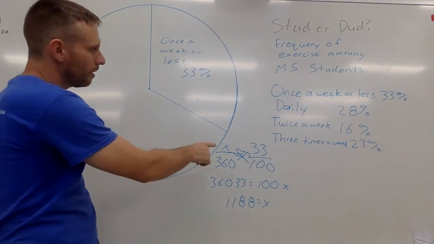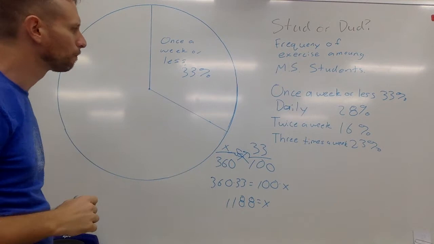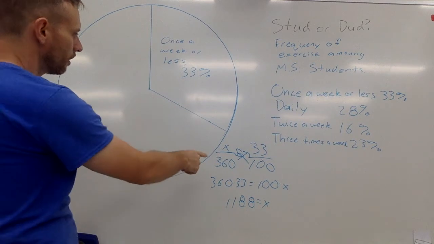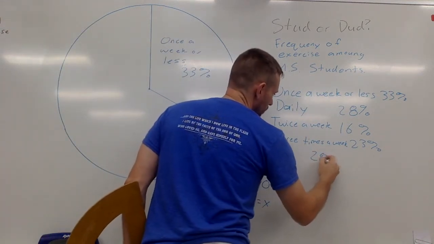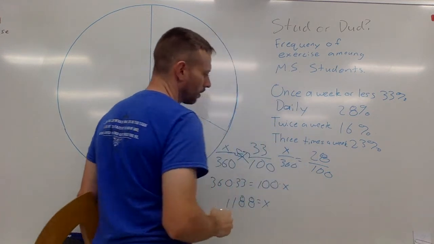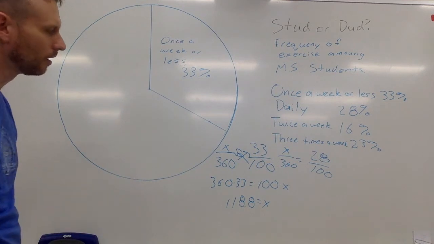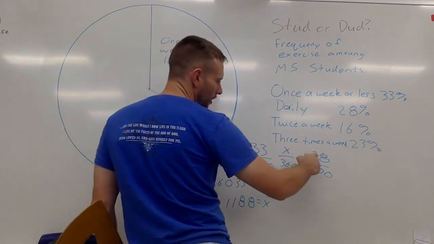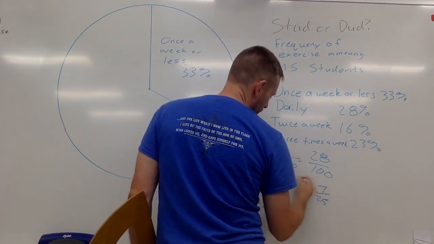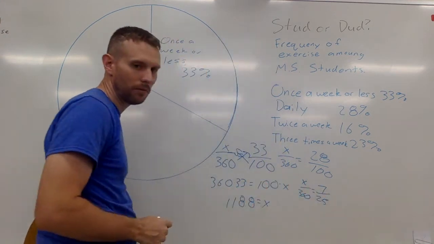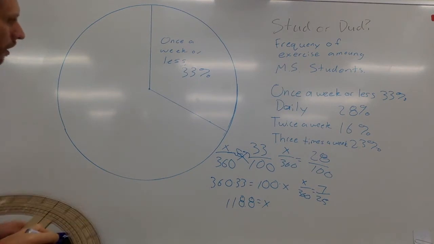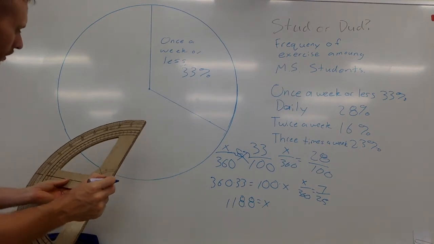Now, using the same system, daily is 28%, and I would find out what 28% is using the same method. If I wanted to make the numbers smaller, I could divide the top and the bottom by 4 and get 7 over 25 is equal to 360 over x, and that could save me a little bit, but this works out to approximately 101 degrees.